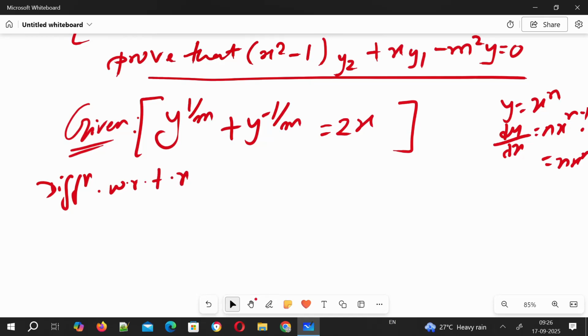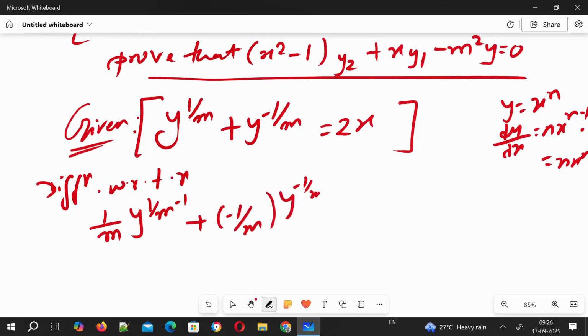Keep 1 by m here, and y to the power 1 by m minus 1, plus 1 by m, y to the power minus 1 by m minus 1. Here you can write 2, since once you differentiate 2x with respect to x you directly get 1, so directly I put 2.